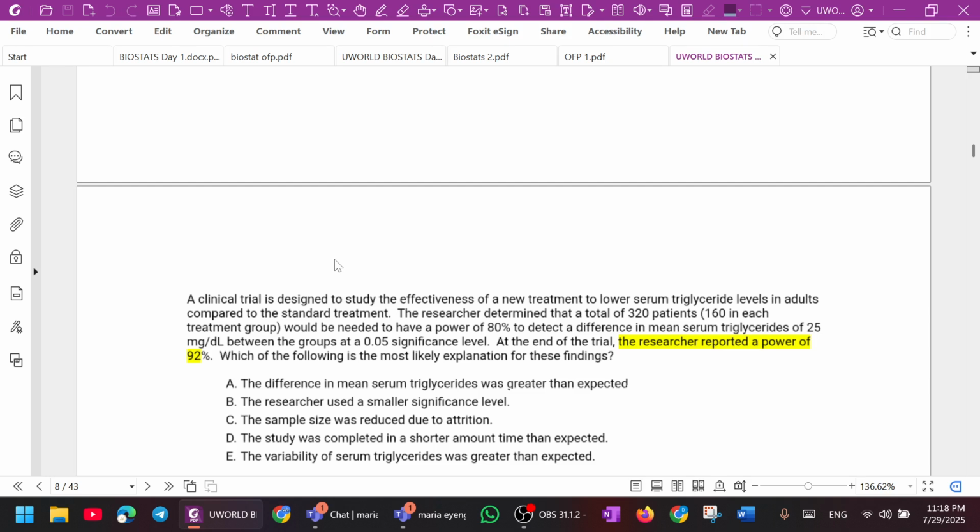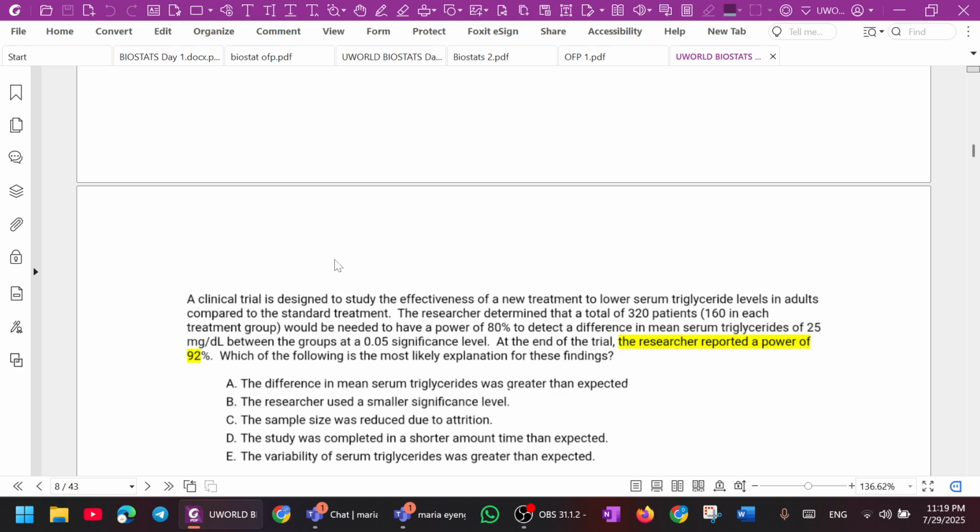A clinical trial is designed to study the effectiveness of a new treatment to lower serum triglyceride level in adults compared to the standard treatment.